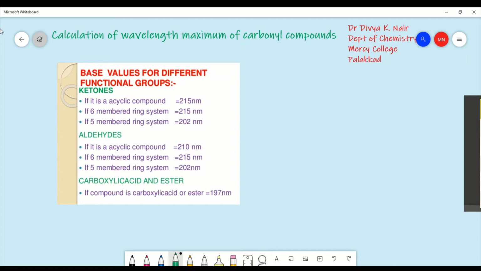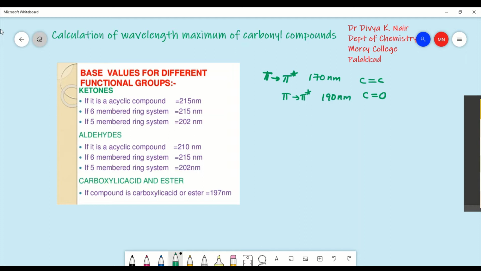pi star transitions. That band will be coming near 170 nanometer, that we have already seen. That is a simple C double bond C type of transition. On the other hand, an isolated carbonyl group like C double bond O exhibits a high intensity pi to pi star transition near 190 nanometer.